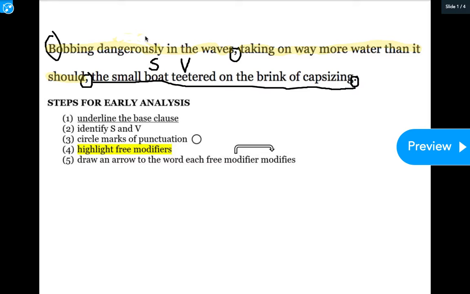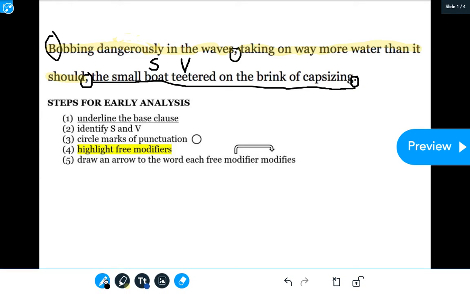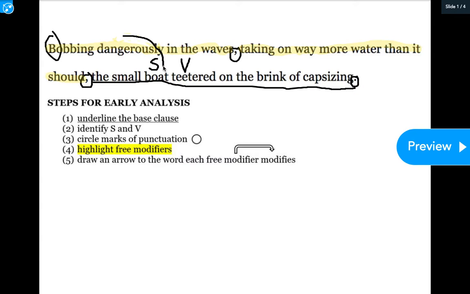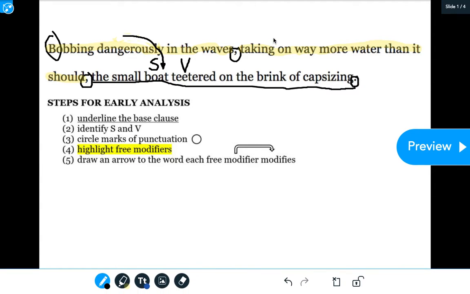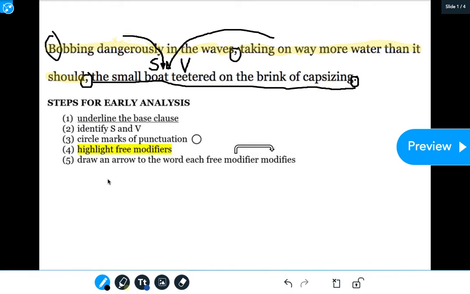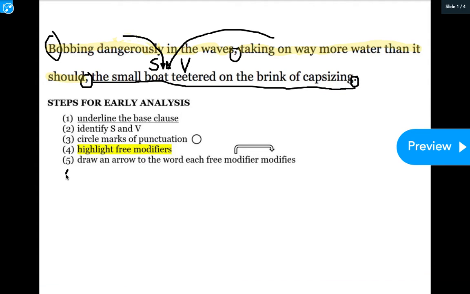Wasn't exactly what I intended. I wanted the pen to draw my arrow. And we already said that both these free modifiers go back and modify the original vision of the boat. So these arrows are being drawn here. And these are the 5 steps that we've been working on so far.